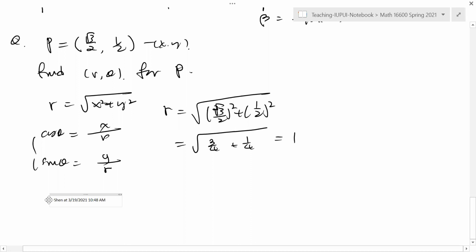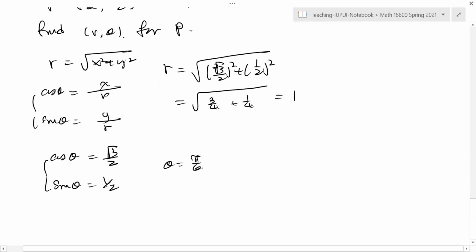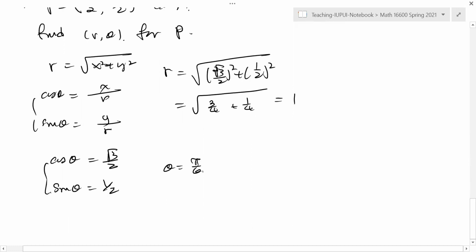Some of you already know that. Oh, that's easy. So I just follow step by step. Cosine theta equals square root of 3 over 2, and sine theta equals 1/2. That tells me this angle must be in the first quadrant, and this theta must be pi over 6, because cosine pi over 6 is square root of 3 over 2 and sine pi over 6 is 1/2.